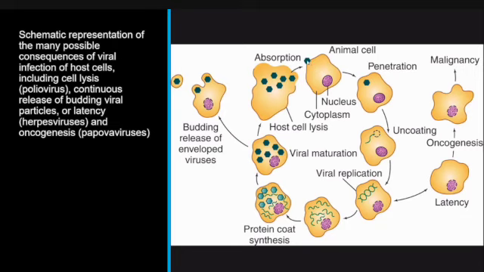You have a virus that enters a cell. It penetrates, gets into the cytoplasm. You get uncoating of the viral capsid or envelope, which then allows the DNA or RNA to be freed up, so it can utilize the host cell's structures to replicate and, depending on which viral type it is, formulate the protein coat.